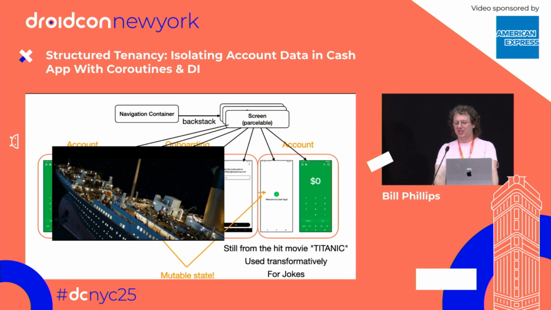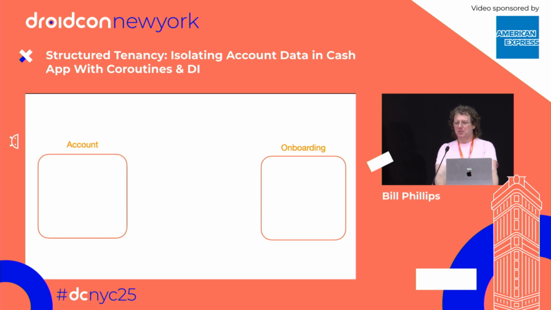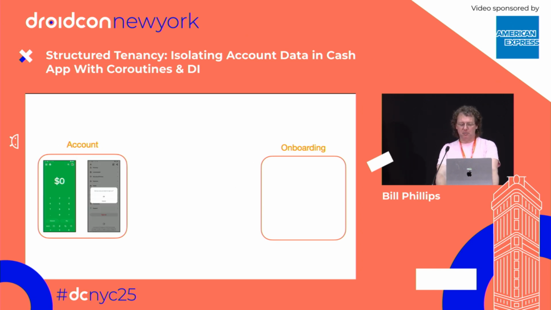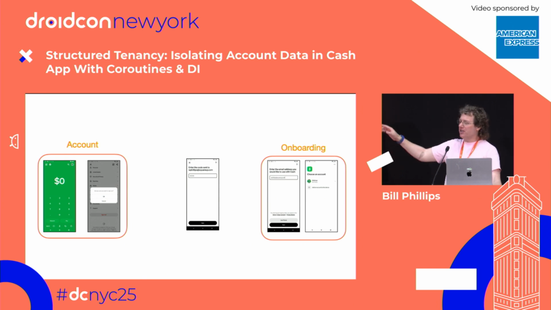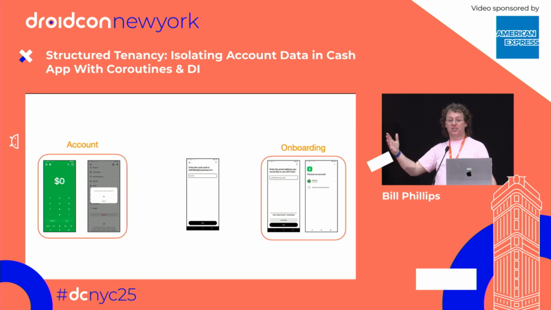The first reason things are going to go sideways is because of where things get published. So a lot of things really clearly belong to the account component, right? A lot of screens should only be used there. And we have other screens that should only be used during onboarding. But we've got a lot of screens that can actually be used in both. So this verification screen, we use this while you're signed in as a double check sometimes, right?